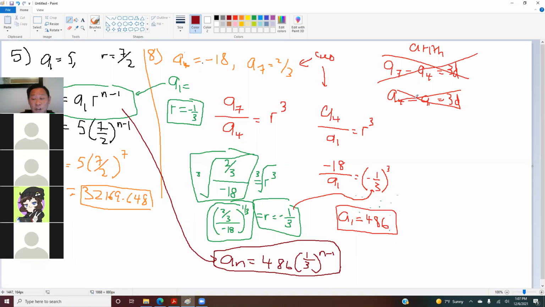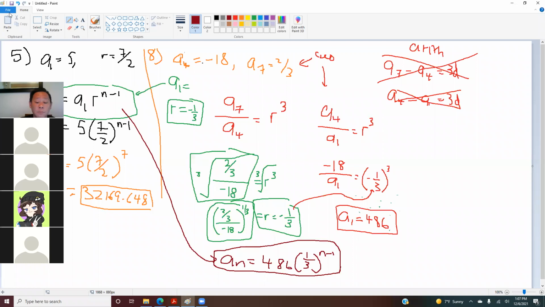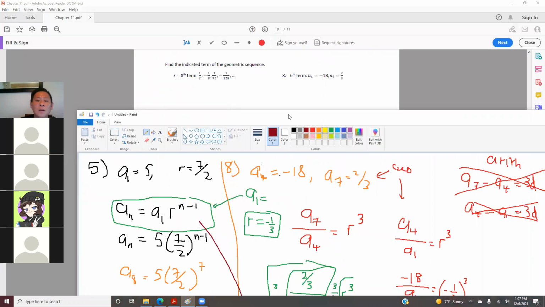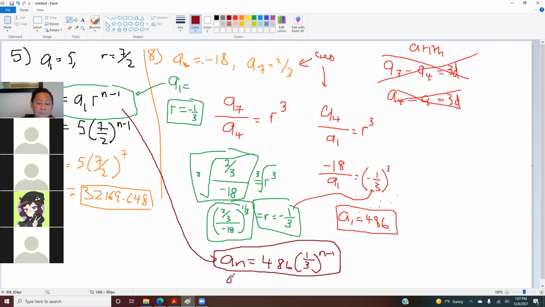Instead of subtraction and D, we use division and R. Again, very heavy on calculator, so make sure you know how to use your calculator to find all these numbers. I think this question wants us to find the sixth term. So you just put n as 6. Then you do 486 times 1/3 to the power of 5, because 6 minus 1 is 5, and then again calculator.